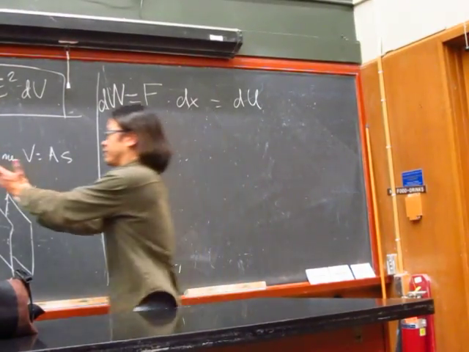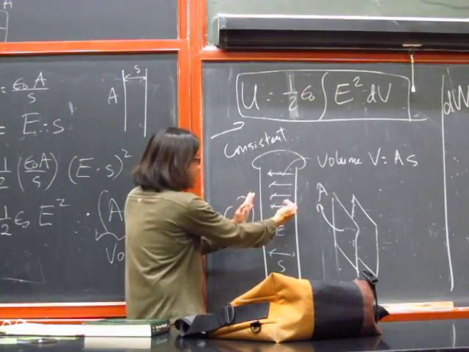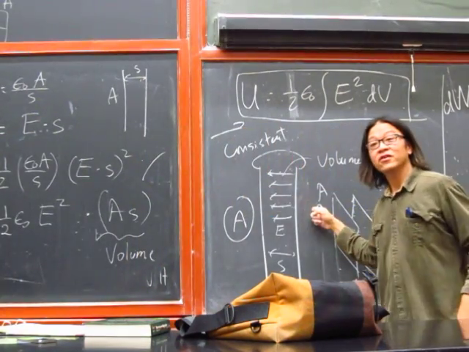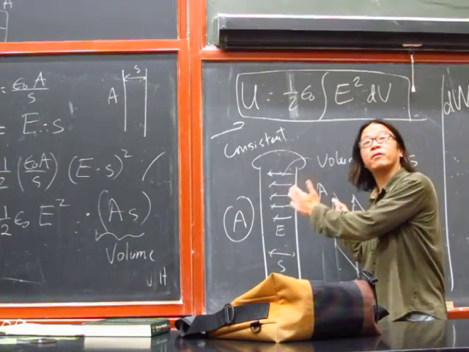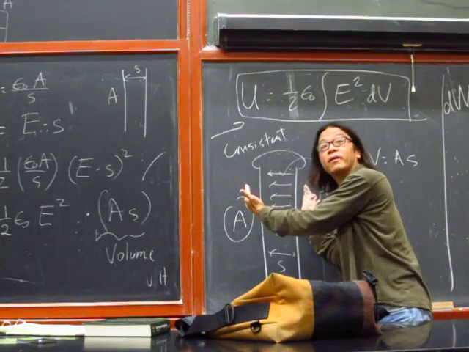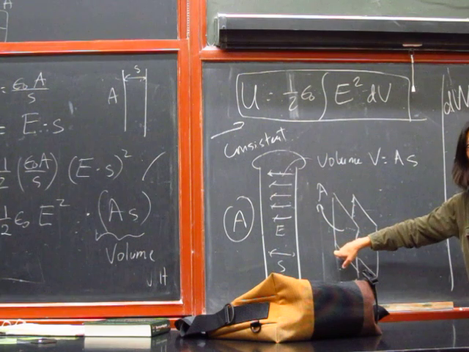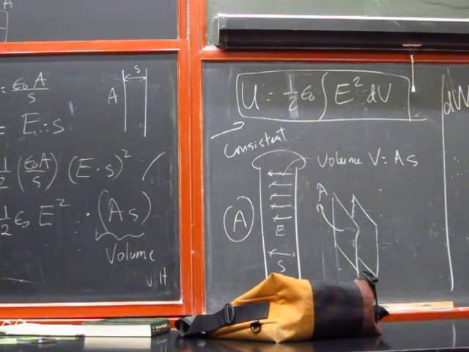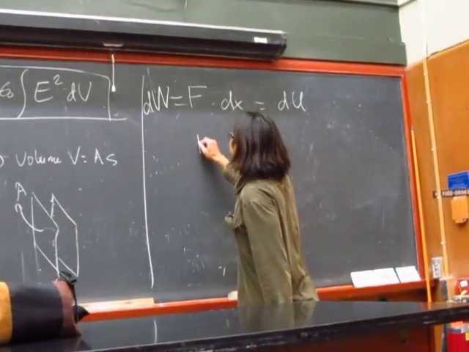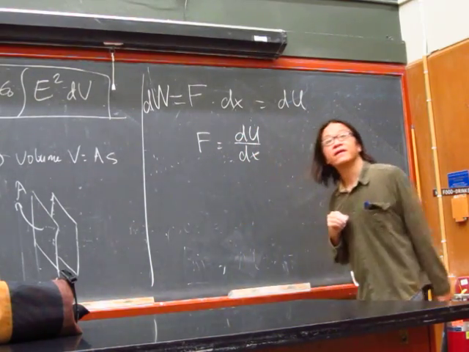If you do nothing to this plate, it will collapse onto itself because of the attraction between plus Q and minus Q. So some agent has to pull it apart. You have to apply force to pull it apart. And if the force is doing work, then that work will lead to an increase in energy. So here F is just u dx.